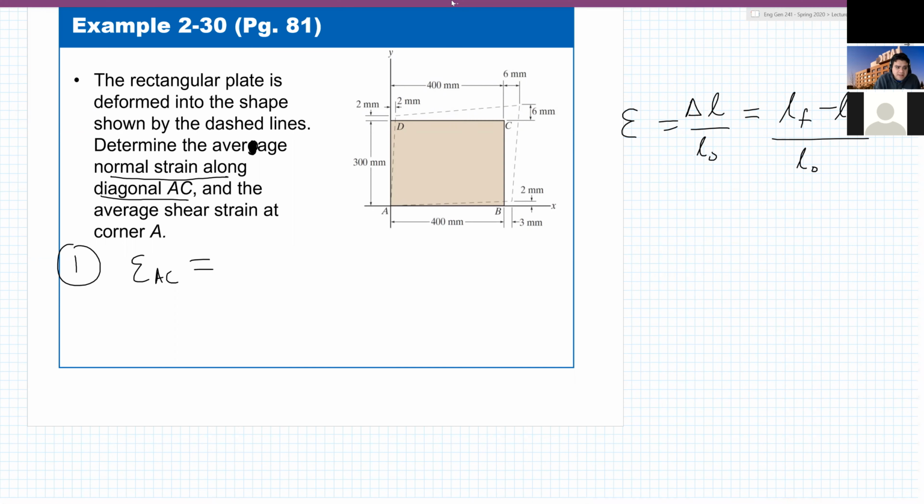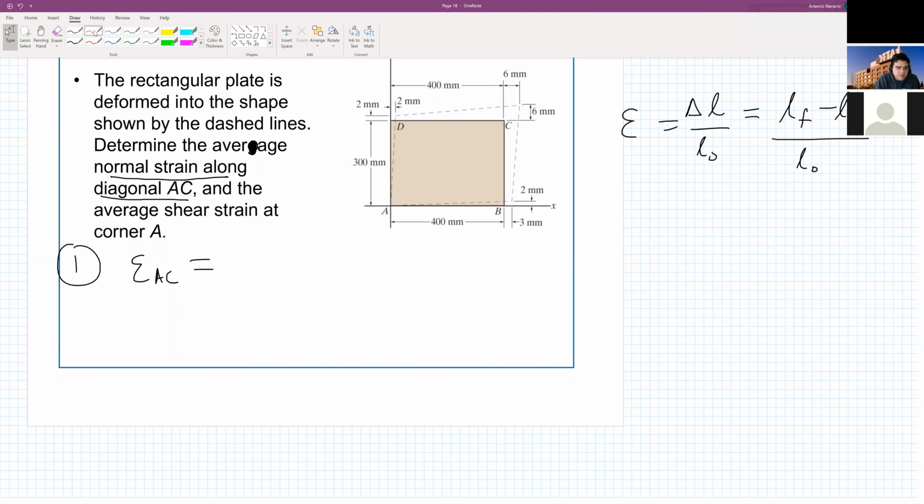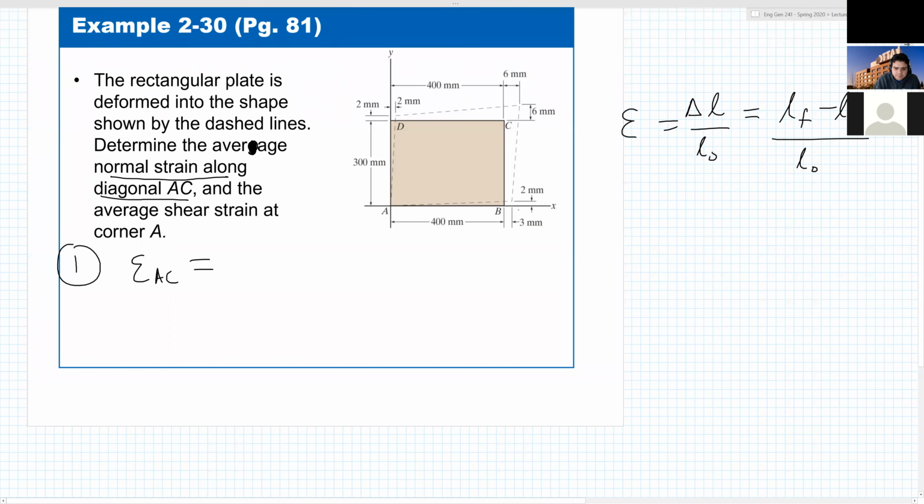Let's draw these line segments before we start denoting it. I'm going to zoom in on here.